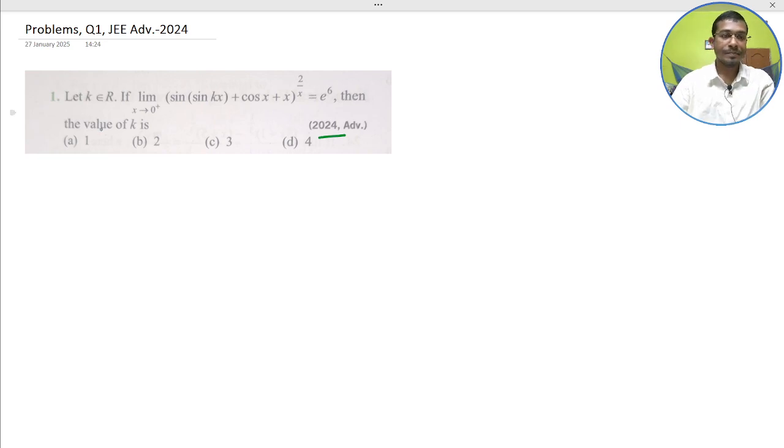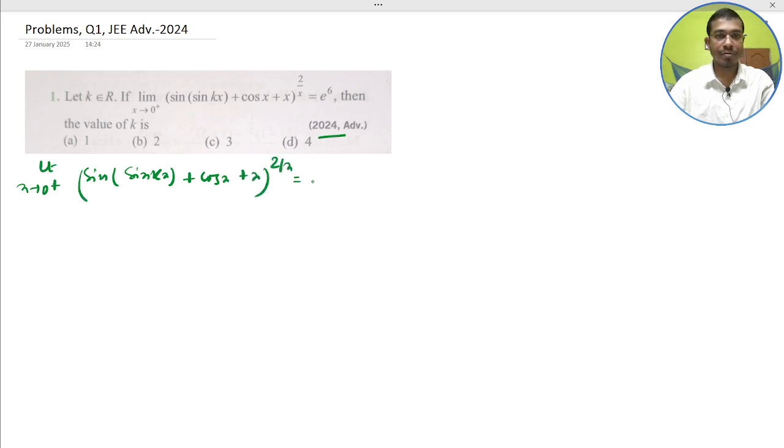So finally, the given equation: limit x tends to 0 plus of (sin of sin kx plus cos x plus x) to the power 2 by x equal to e to the power 6.